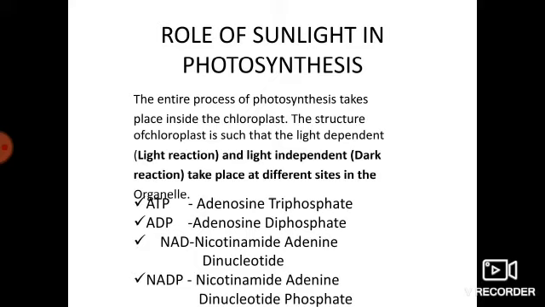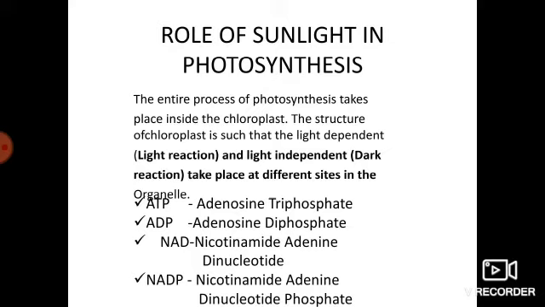The light reaction takes place in the thylakoid membrane and the dark reaction takes place in the stroma of the chloroplast. So these two reactions take place inside the same chloroplast at different sites.